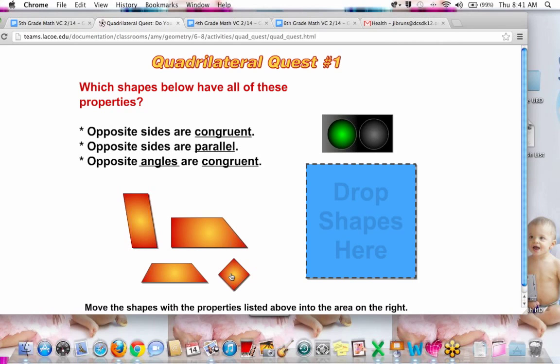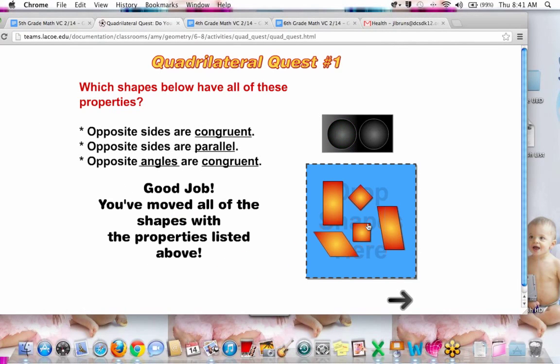This one? No, next to it. Yeah, right there. Okay, so that's just a parallelogram. Very good. Sierra, there's another one. The diamond. Good job. We've done all of them.